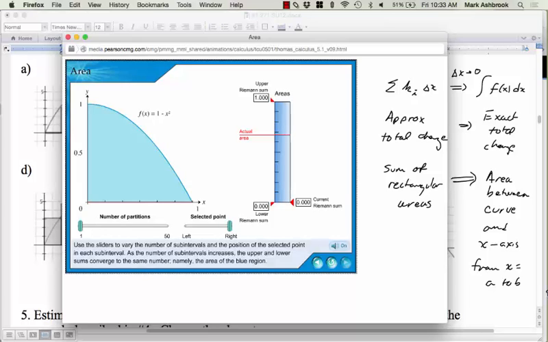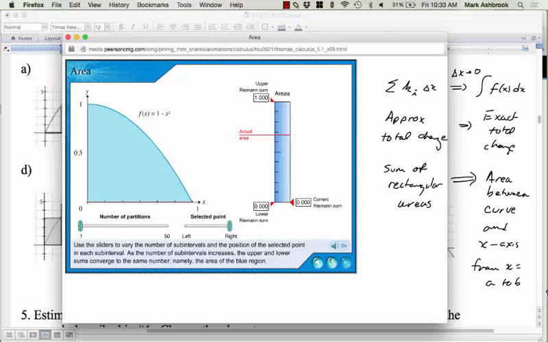So the next part of the course is going to focus on this way of looking at the integral, looking at it as area. It's more like looking at it as geometry, rather than looking at it through the lens of rate of change.